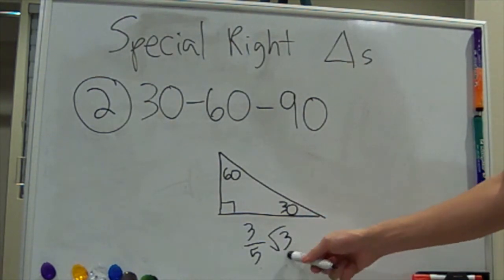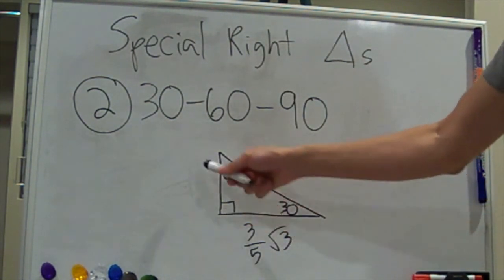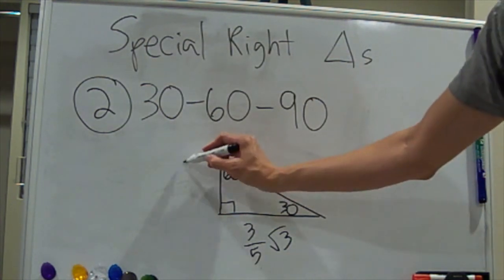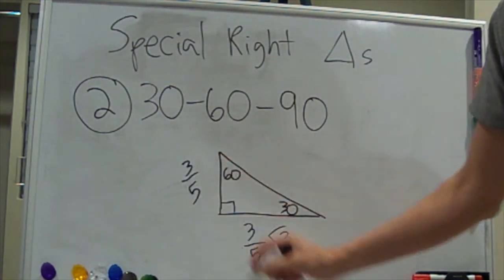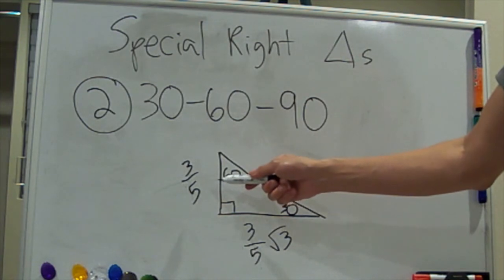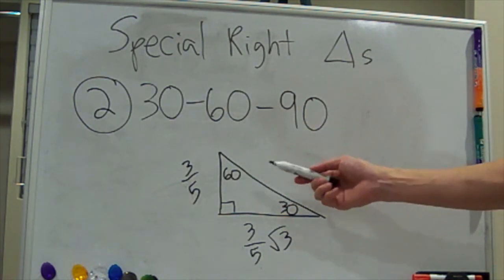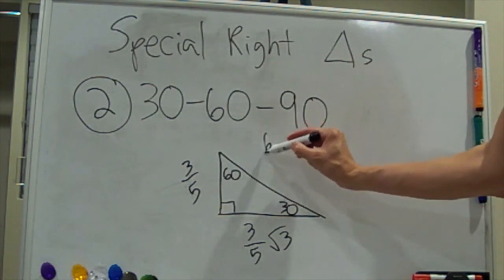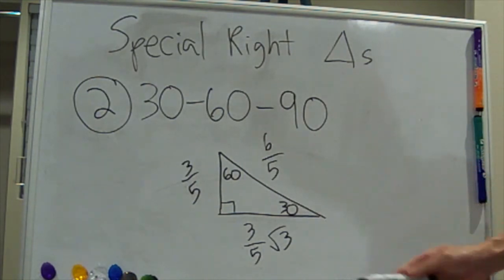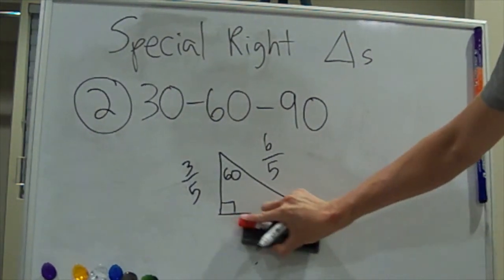So 3/5 rad 3 divided by rad 3 to go to the short leg. That's going to be 3/5. That was actually pretty simple. And then of course from 3/5, the short leg, to the hypotenuse, you multiply by 2. 2 times 3/5 is going to be 6/5, right? Okay, that was actually pretty simple.